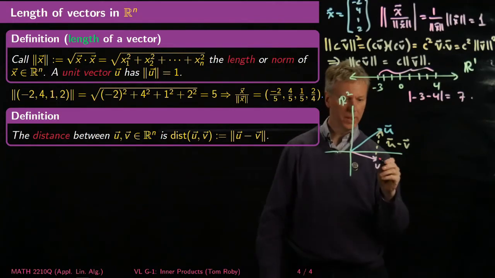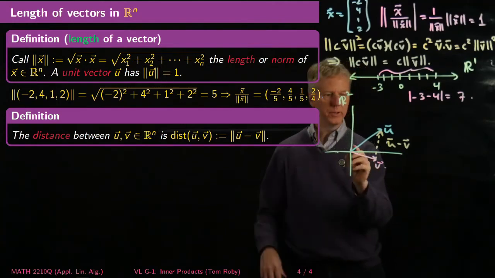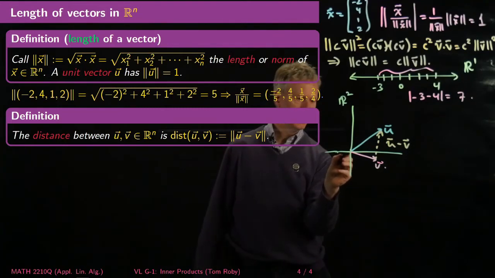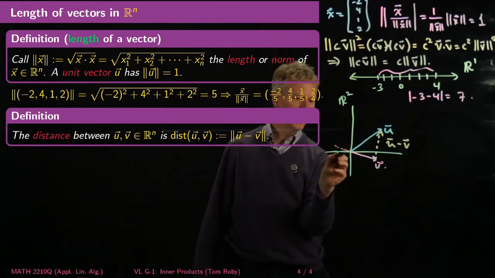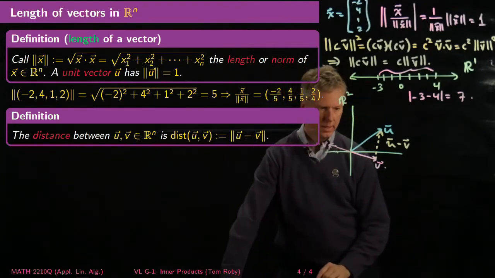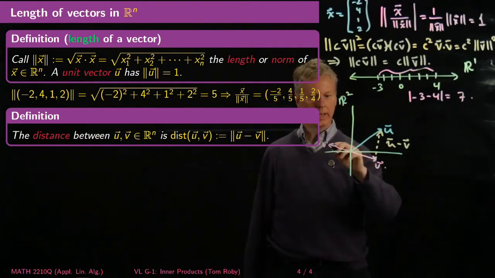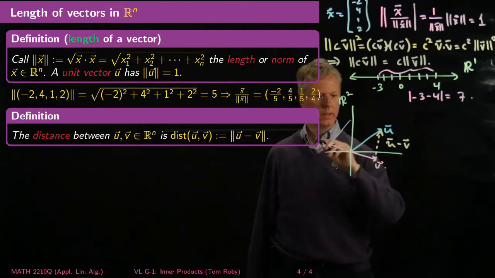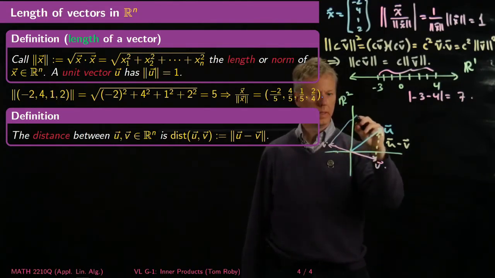If you're not so sure about this, you certainly know how to add vectors. u minus v is the same as u plus negative v, right? So if I think about negative v out here, then if I add that to u, I get something like that.